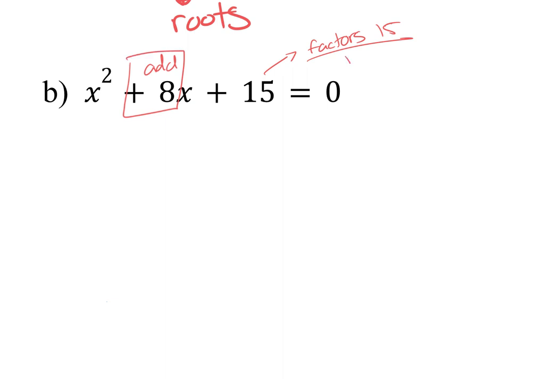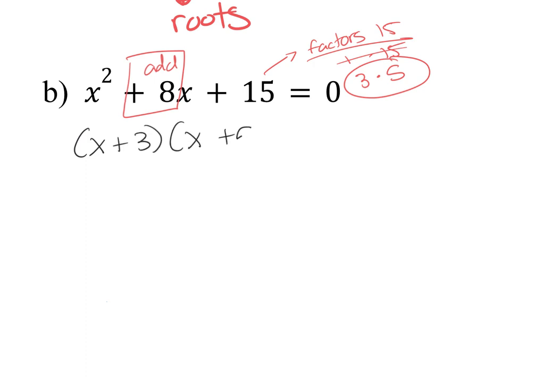I have 1 times 15, that gives me 16. I have 3 times 5, that added together is going to give me 8. So I'm going to use those ones. They're both positive, so I write (x plus 3)(x plus 5) equals 0, stays the same.